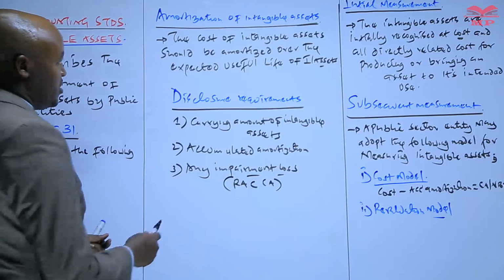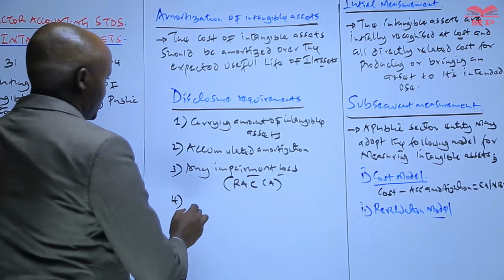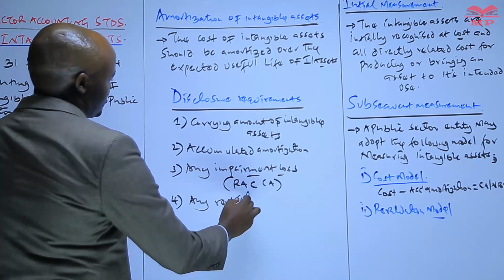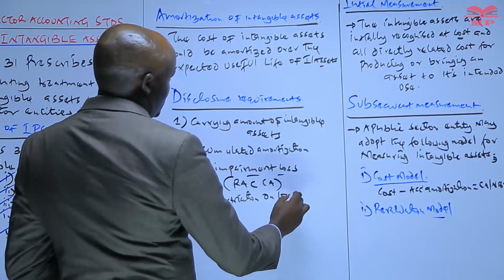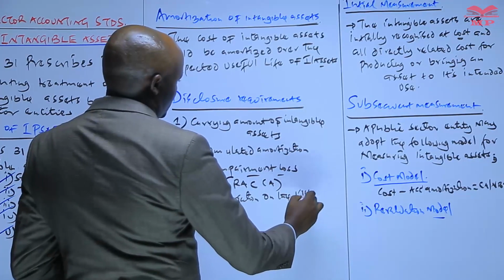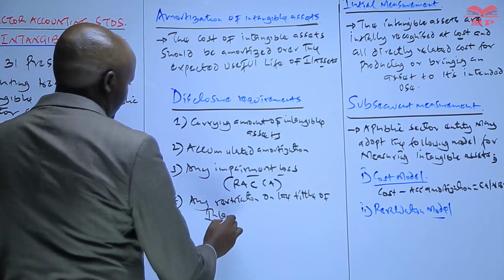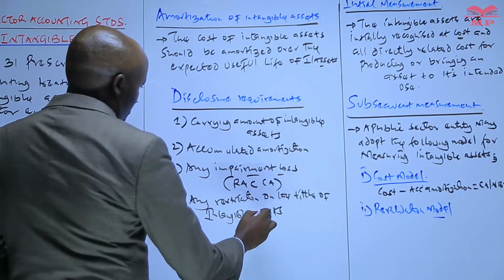So the other information which also needs to be disclosed as far as the intangible asset are concerned is any restrictions on the title of intangible assets. The title of intangible what? Assets.